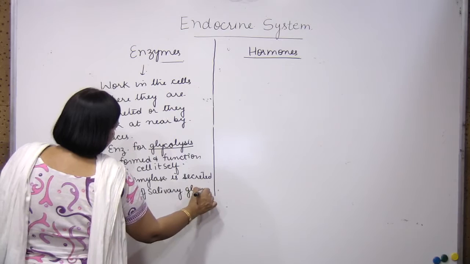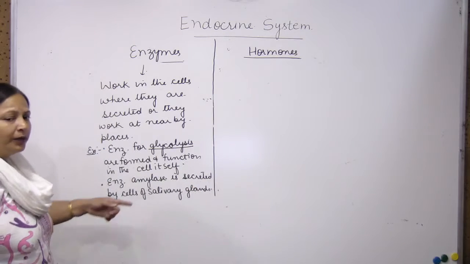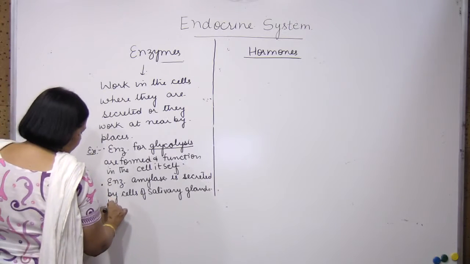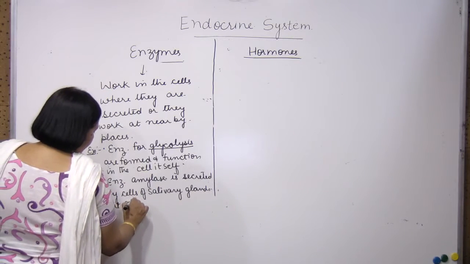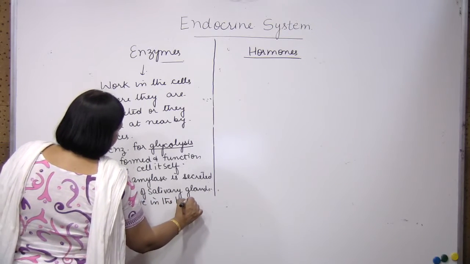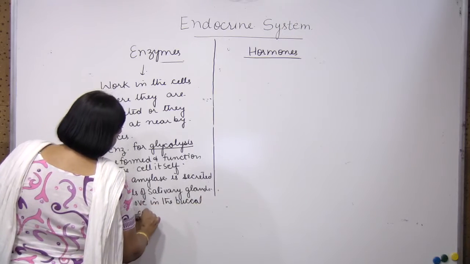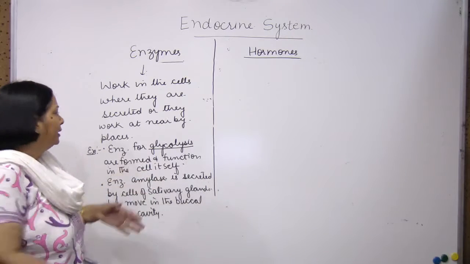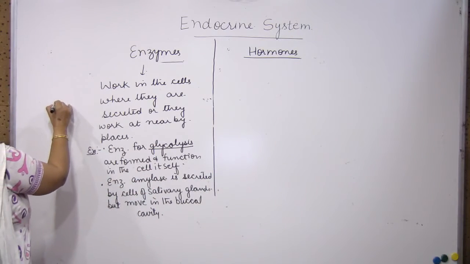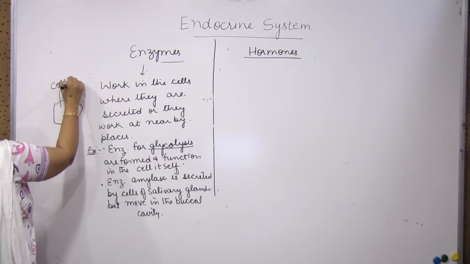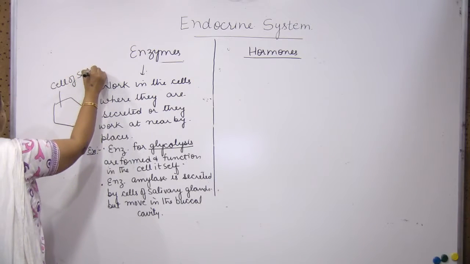They are secreted by cells of salivary glands, but they do not act in these cells only; they move into the buccal cavity where they act on food. Right? Or let's think one more thing. Let us say this is one cell of a salivary gland.